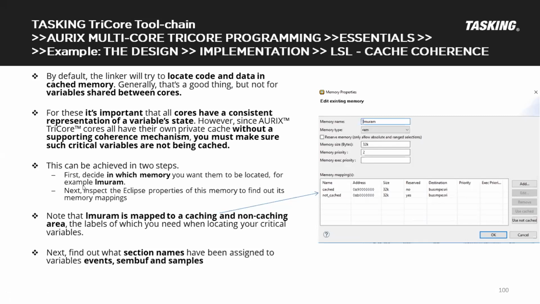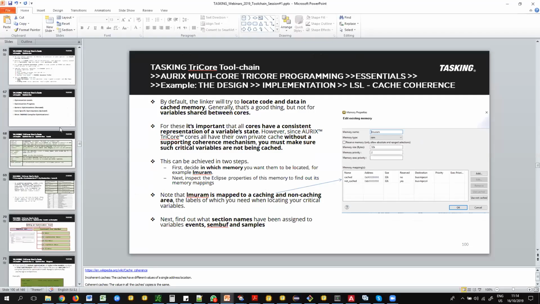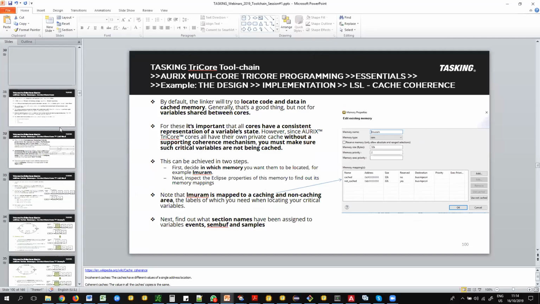And if you remember from the previous presentation yesterday, there are memory segments where the code will be cached, and there are memory segments where the code will not be cached. So for 0x9, the code will be cached and the data will be cached, and in the 0xb segment, the data and the code will not be cached. I will go quickly to it just to refresh your memory in this regard.